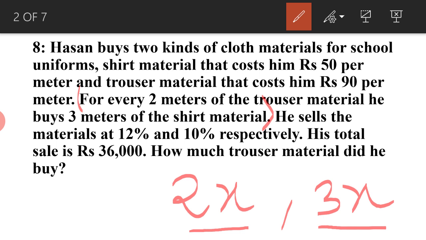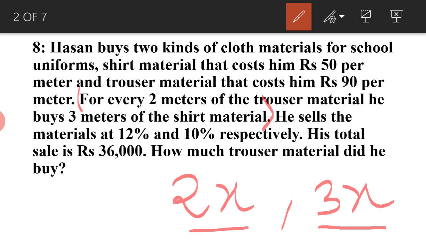Is it clear, children? From this statement you come to the conclusion that the ratio of length of trouser material to shirt material is 2:3. Immediately we suppose the variable to be the multiplier.